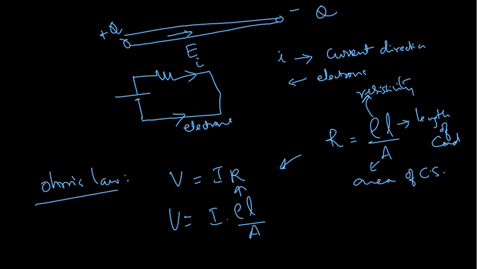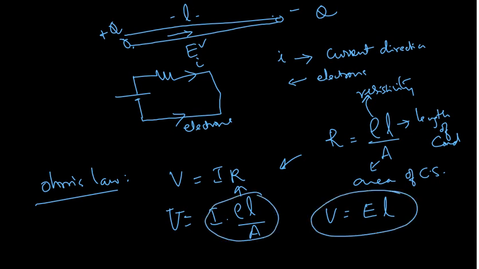But V is also the potential between this end and this end. You have an electric field E, and the length of the conductor is L. Then V is also given by electric field intensity multiplied by L.